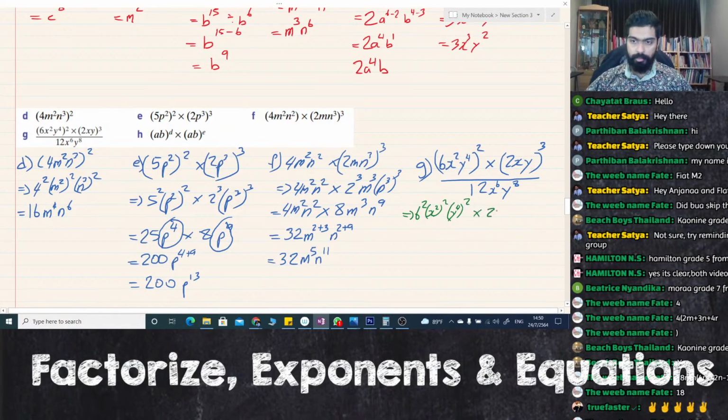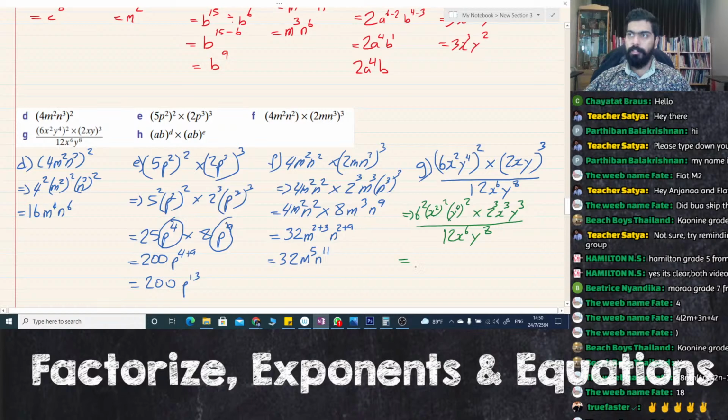Multiplied with 2 to the power of 3, x to the power of 3, and then y to the power of 3, right, guys? And in the denominator, we can just copy it down, because we are doing nothing there.